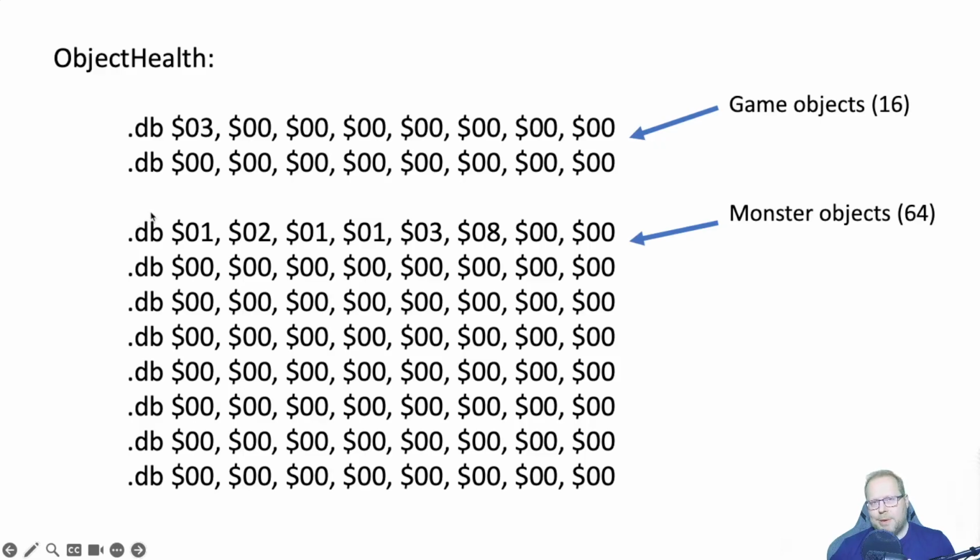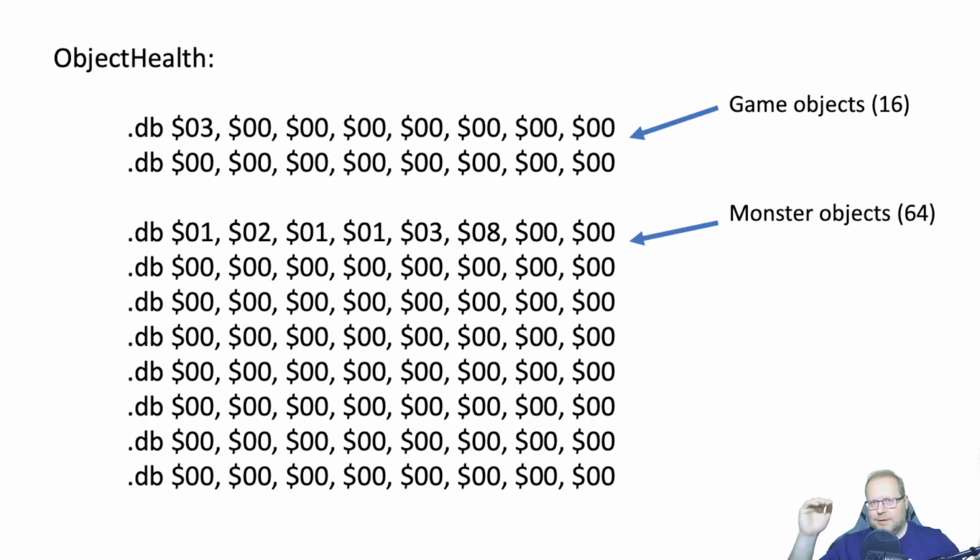So what is this object health thing? Well, you remember when you set up an object, a player or a monster in NESmaker, you can give it health. 1 unit of health, 3 units, whatever. The way that the NESmaker interface is set up is that we have 16 game objects at the beginning.